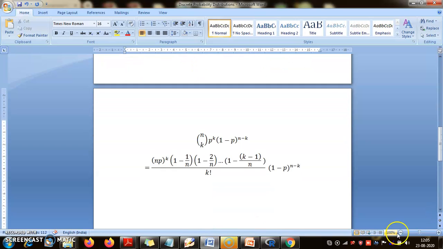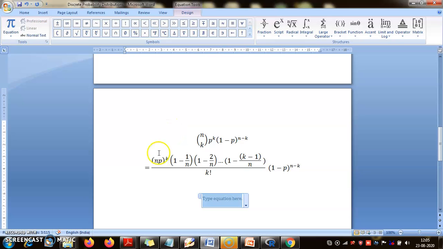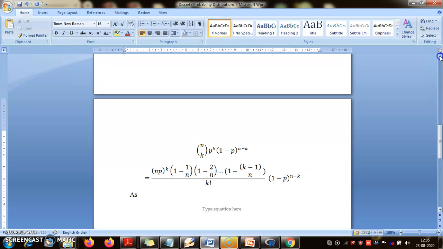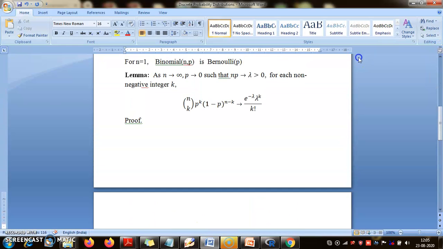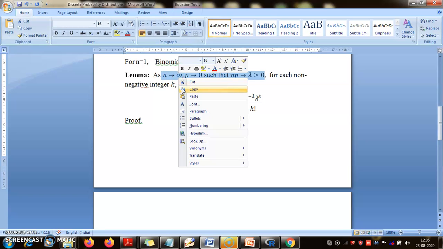So I would now use an equation editor here. Under the stated condition, so this is the stated condition.